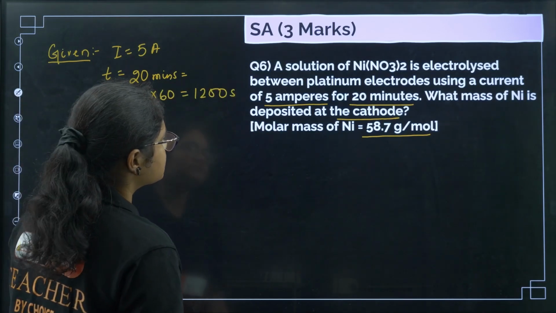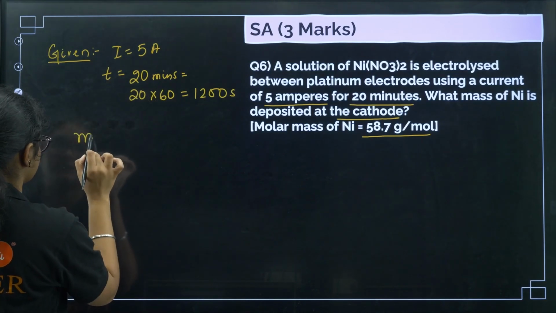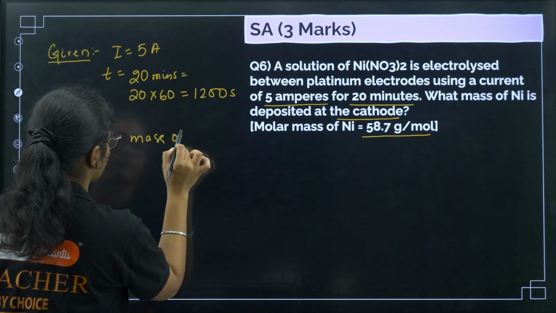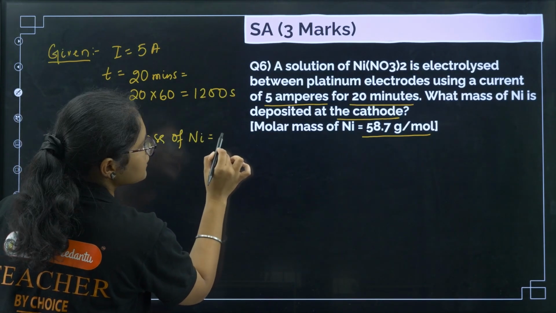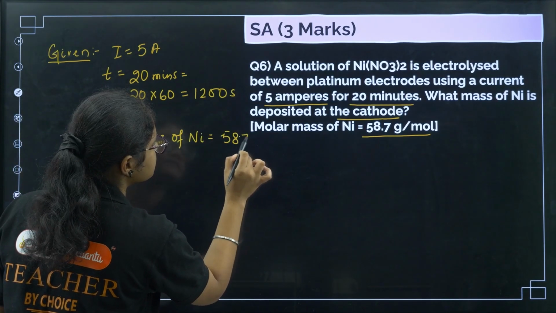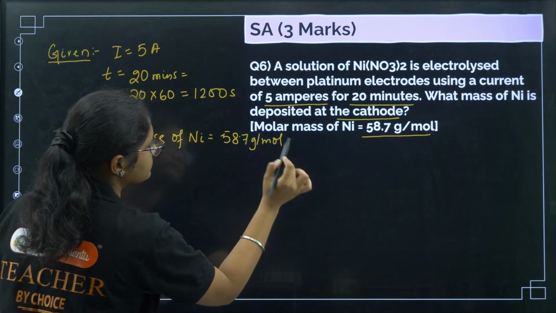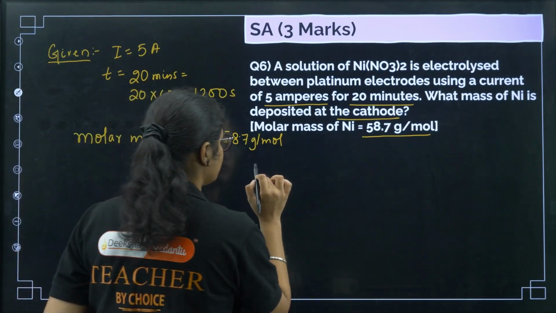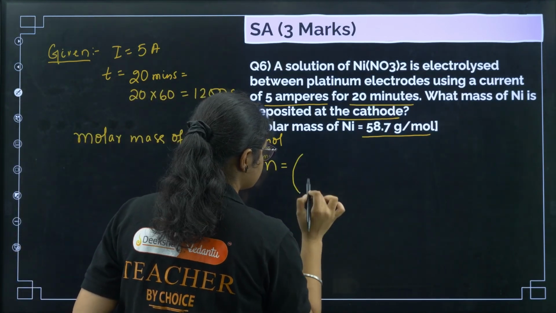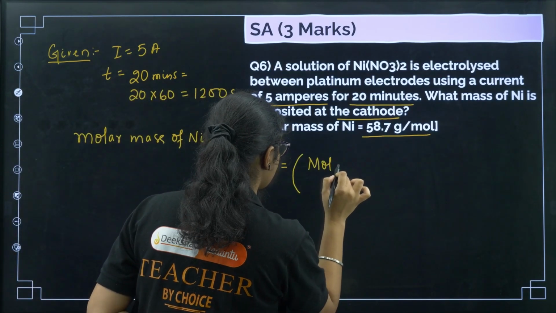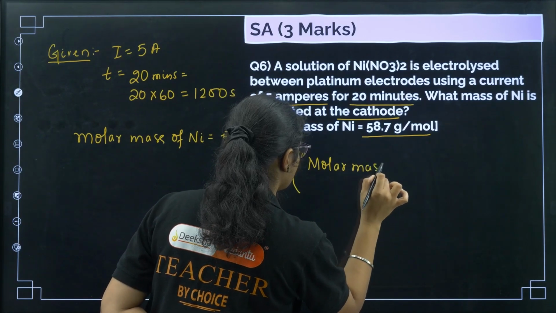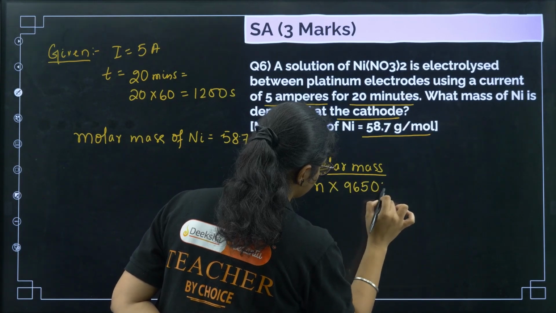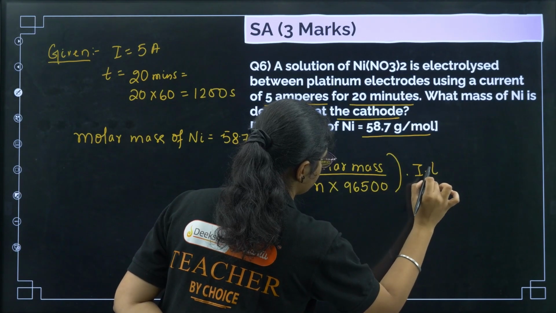Next we need to calculate the mass deposited. Molar mass of nickel is given. Molar mass of nickel is how much? 58.7 gram per mole. Okay, done. Now we will write m is equal to ZIt. So Z formula again: molar mass divided by n into 96500, into I into t.